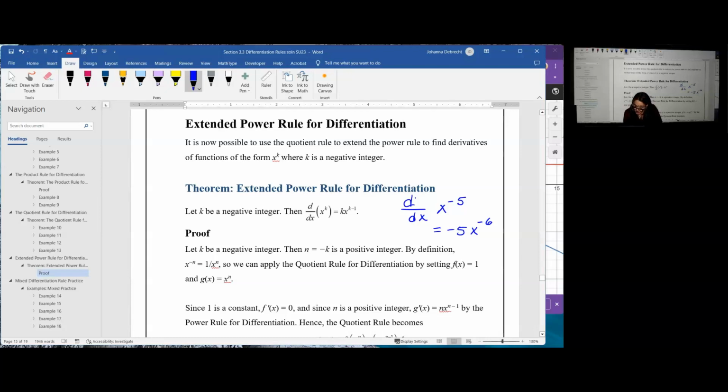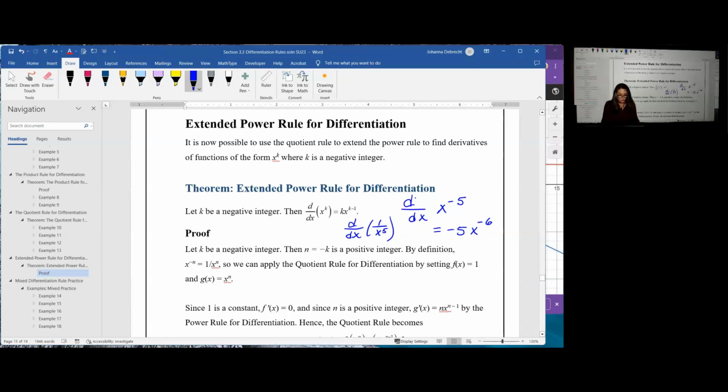This means that if I have x to the negative 5, I could have rewritten this as 1 over x to the positive 5. And then I could apply the quotient rule. If we apply the quotient rule, notice that it changes the sign from negative to positive when we move it.